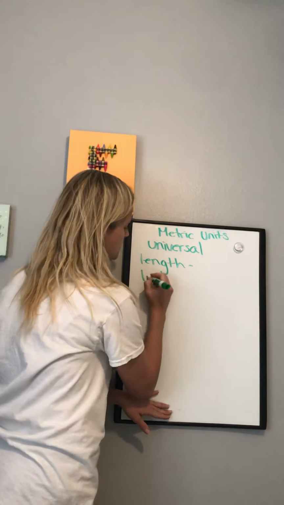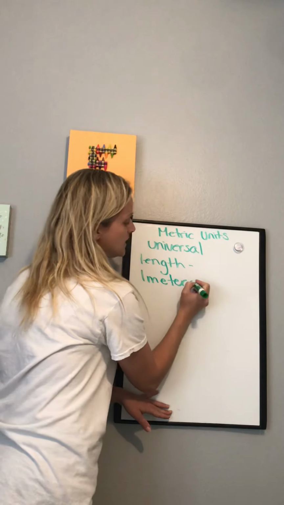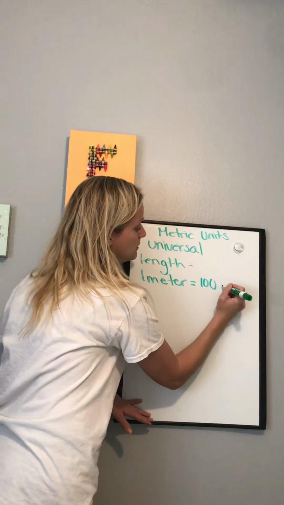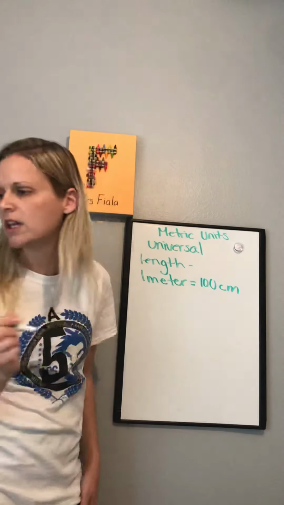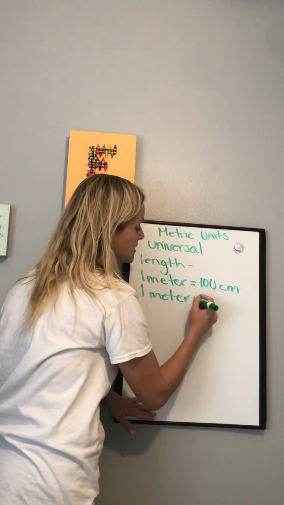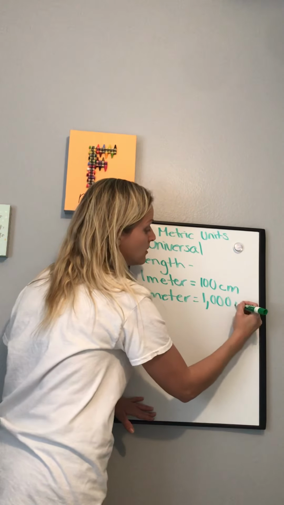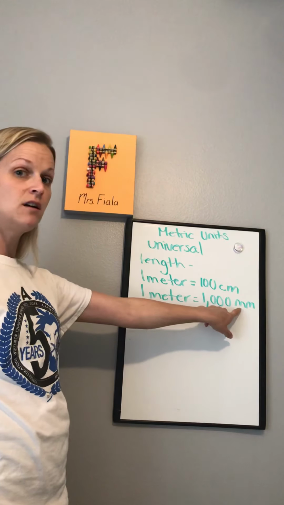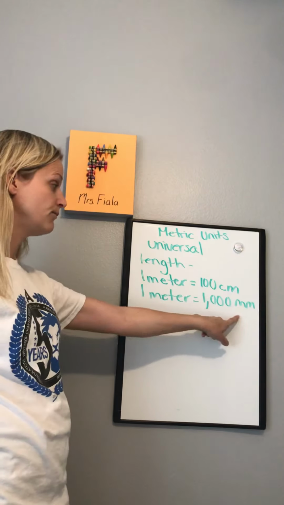So what information you're given is 1 meter is equal to 100 centimeters. Okay, you're given 1 meter is equal to 1,000 millimeters. So remember that millimeters is the really tiny. That's the tiniest of the units of length. Okay?